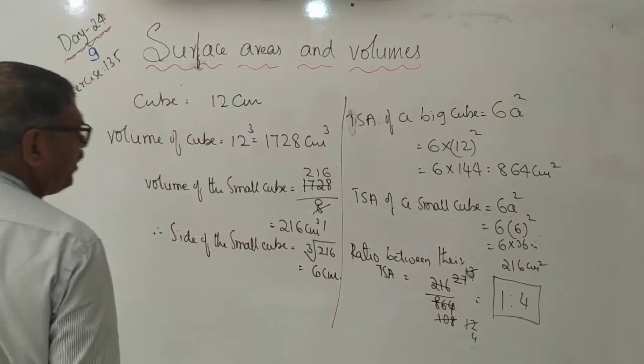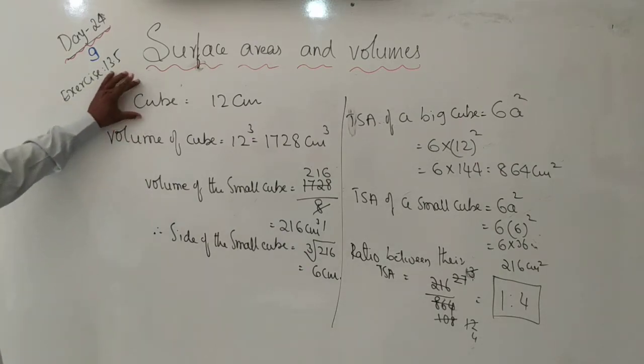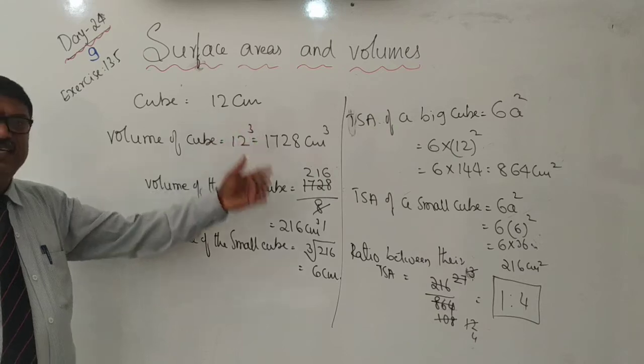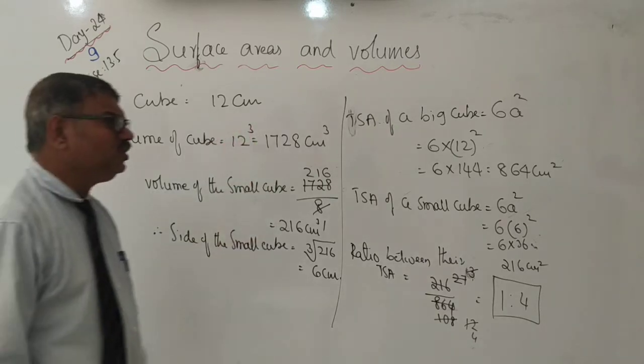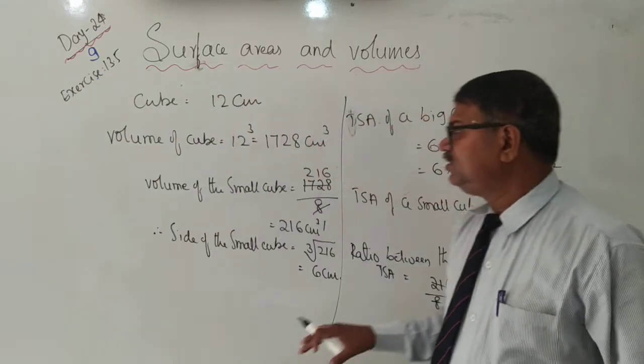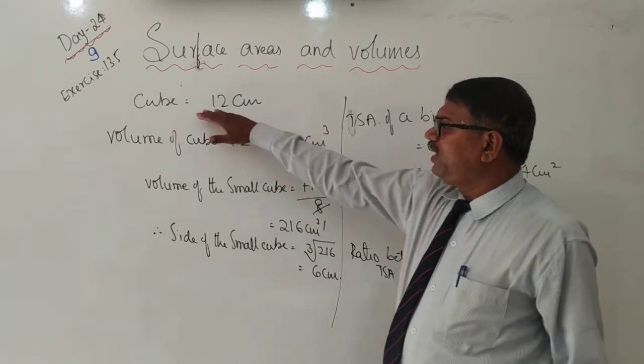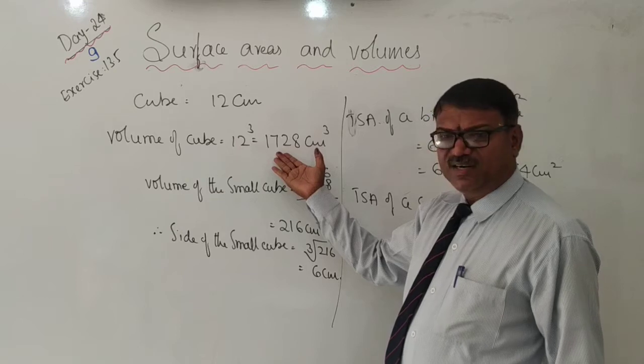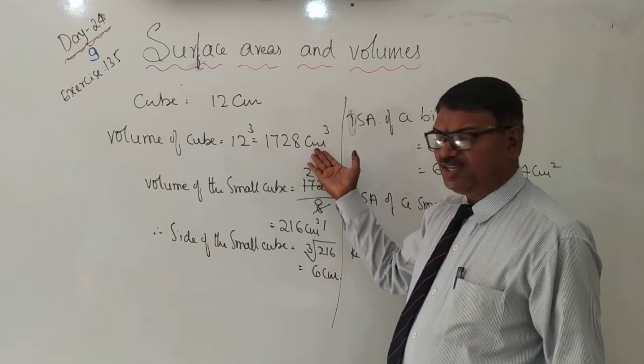Very, very simple. You see here, a cube whose side is 12 centimeter is cut into 8 equal cubes. So first we will find out the volume of the cube. 12 cube is nothing but 1728 centimeter cube.